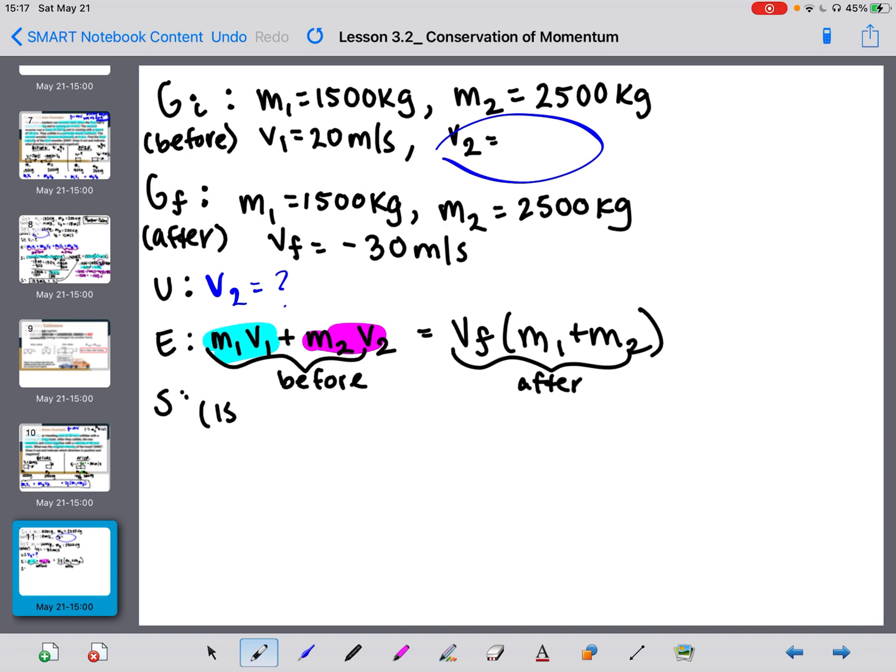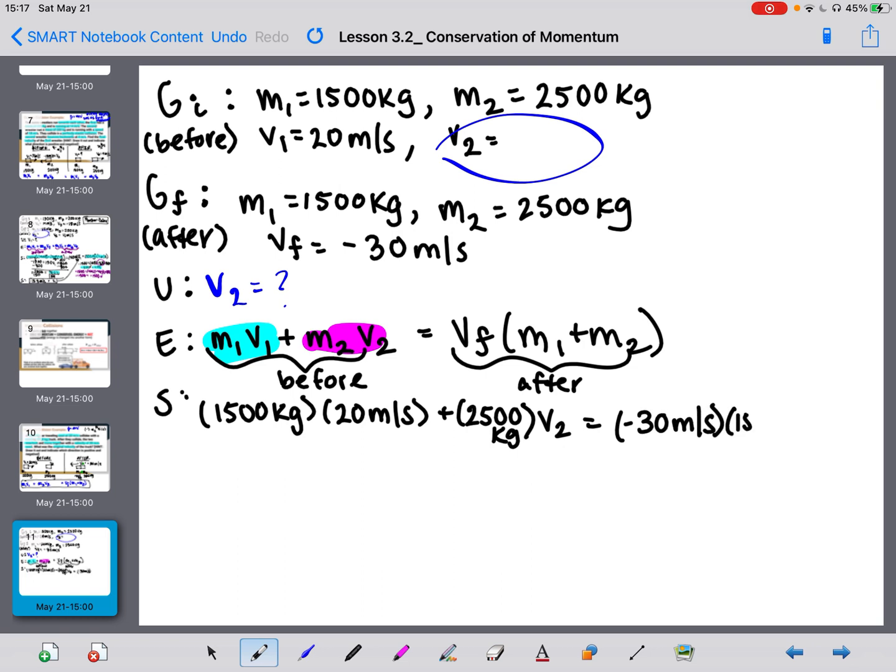Okay, so now we're going to substitute. So I have 1,500 kg times 20 meters per second plus 2,500 kg times V2 equals negative 30 meters per second times 1,500 kg plus 2,500 kg, because my masses are now combined.